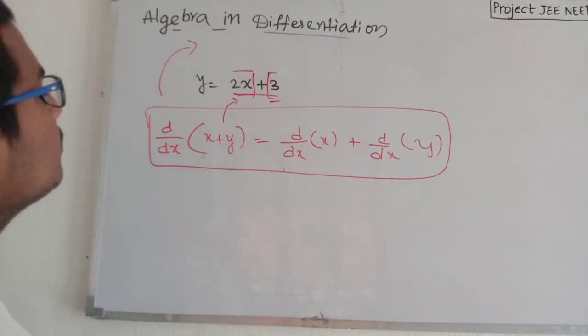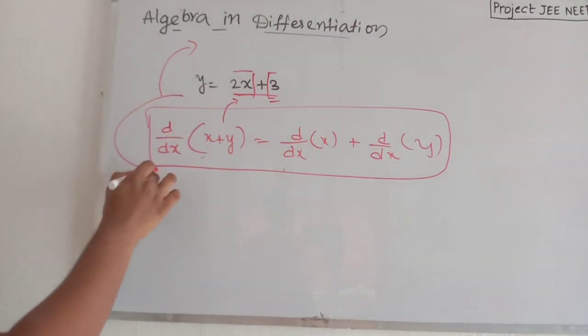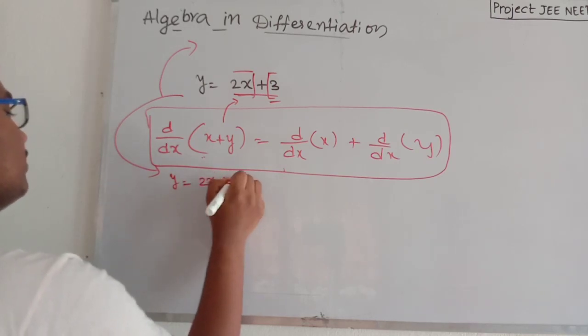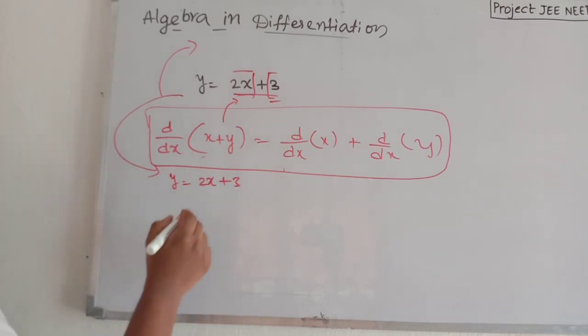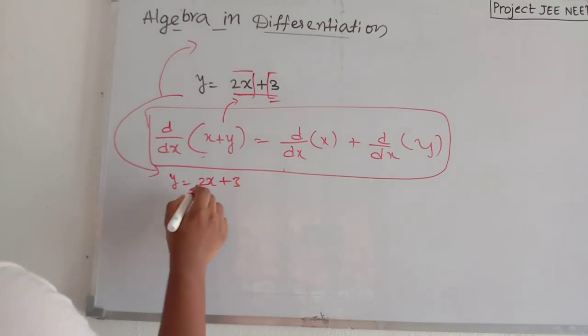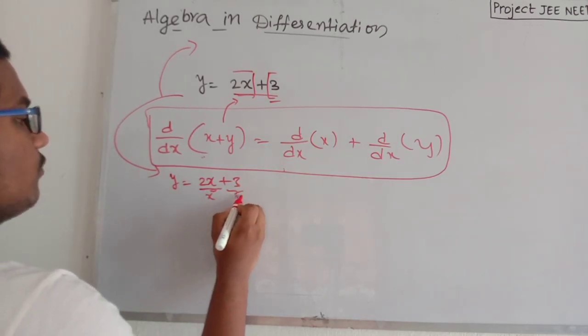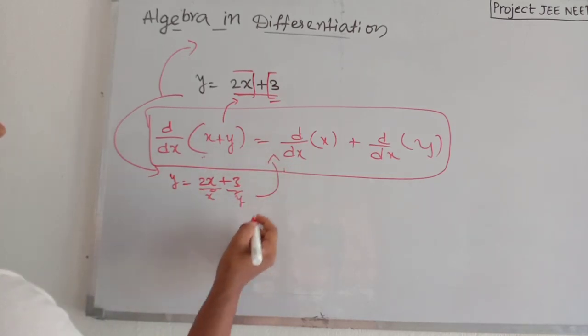So by using this formula, let's calculate the derivative of y is equal to 2x plus 3. Here 2x is x, and here 3 is y, according to the formula given.